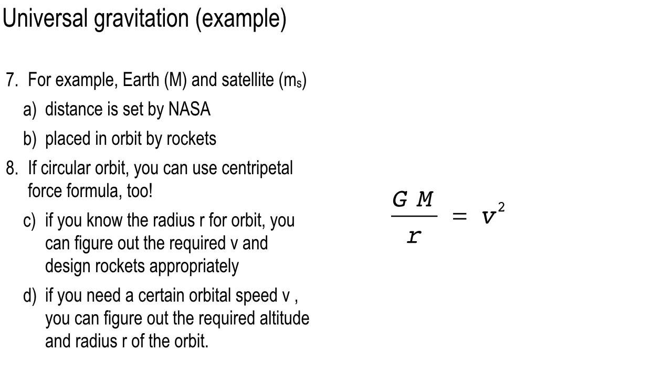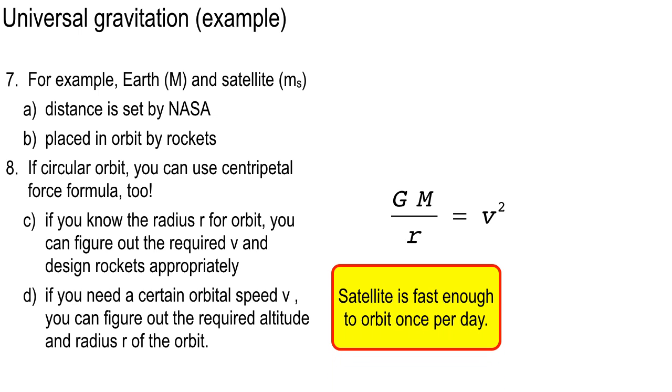Now, if you need a certain orbital speed, all right, then this tells you where you park it. You might think to yourself, why do I want to have a satellite at a certain elevation, a certain radius? Well, you might want to have one that is fast enough to orbit once per day.